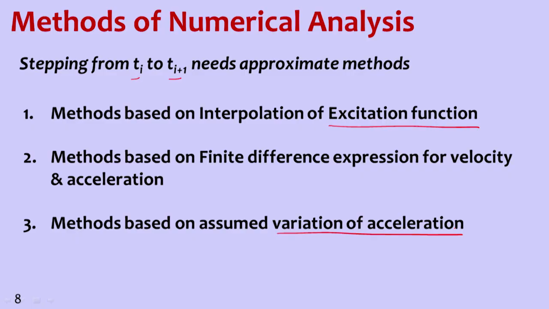So we will not use the forcing function directly, but take a linear variation. Care should be taken that the time interval is very small, so that we do not lose the accuracy of the problem.